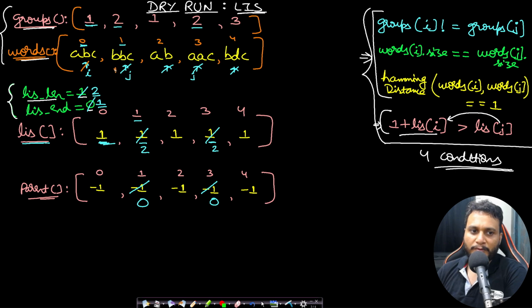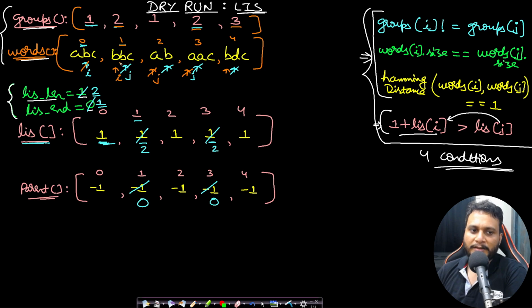Then I will be moving to the next index, and I will try to keep the first index as the second last item, and J will start at index 2. Now AB cannot be appended after BBC because they are of different length. AAC cannot be appended after BBC because Hamming distance is 2. Also their groups are same, right? Then BDC can be appended after BBC because their Hamming distance is 1, their lengths are same, their groups are different.